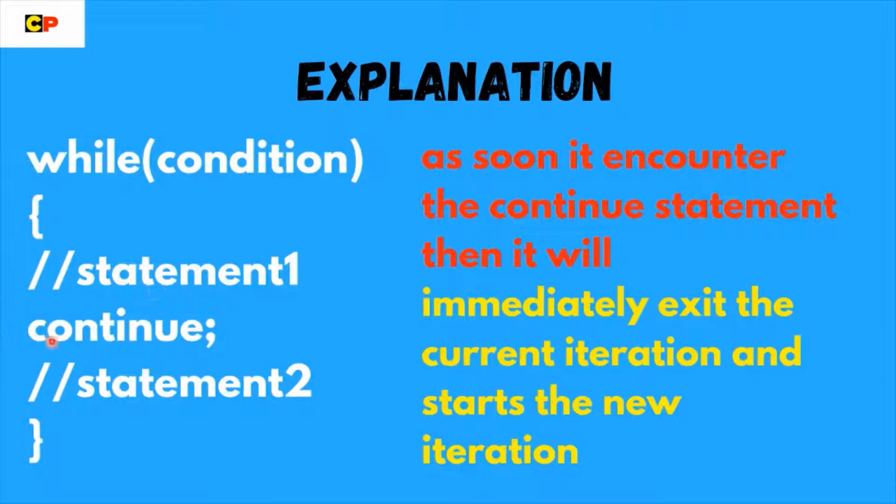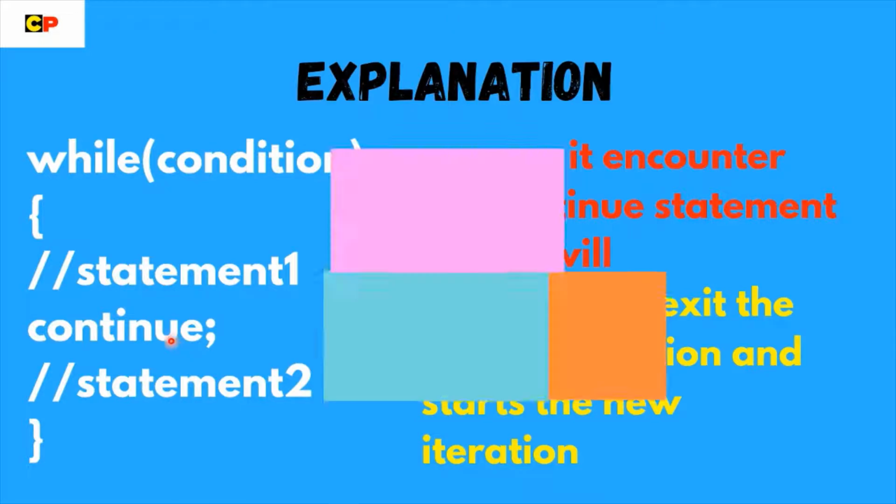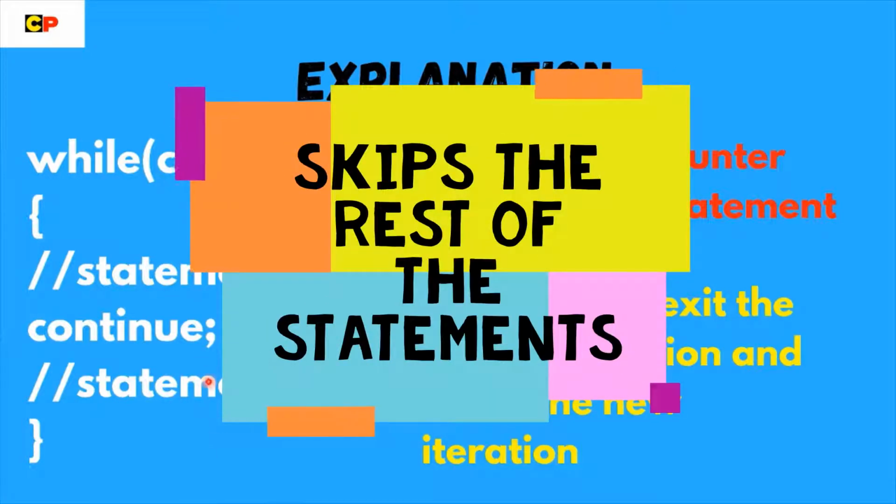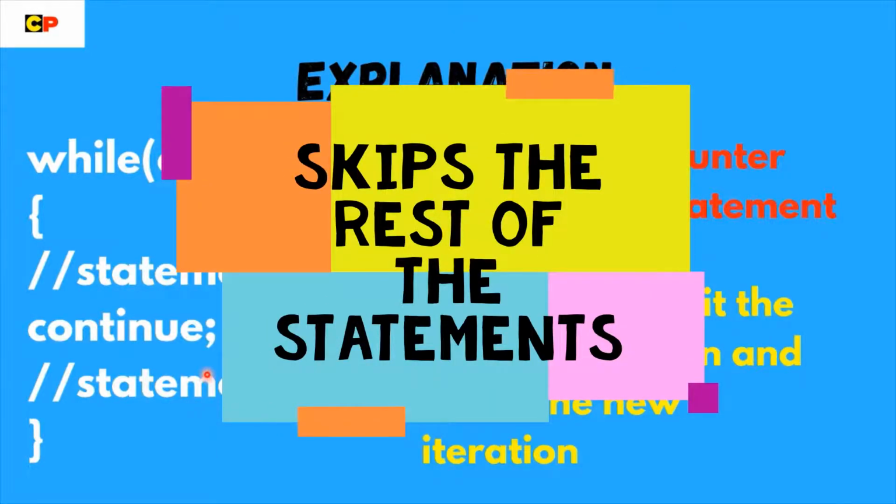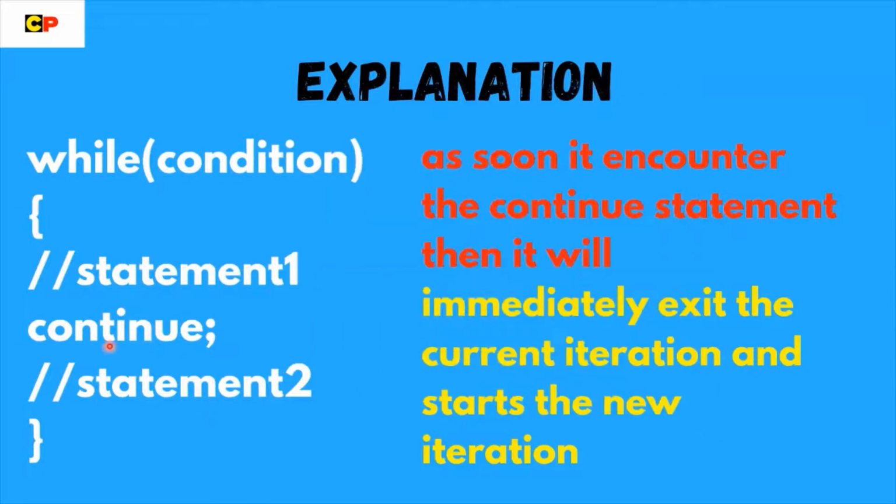As soon as it encounters the continue statement, it will skip the rest of the statements below it and redirect the compiler to the initial position. That means the while loop will now be restricted to while, statement 1 and continue. Statement 2 will not be executed at any cost.